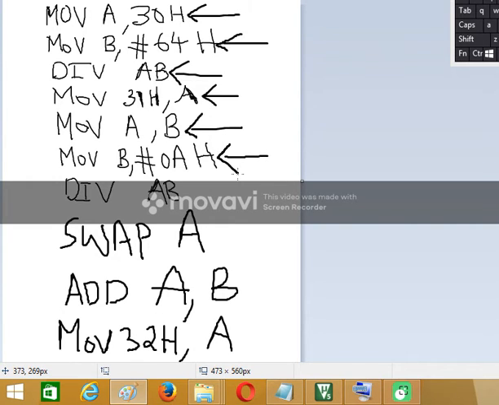So the tens place is in A and the units place is in B after division. We have to pack this number. How will you pack it? The tens place you have to swap and add with the units place, which is B. Instead of ADD, you can do ORL also, if it is an unpacked number that you are packing. Then store it in one location.